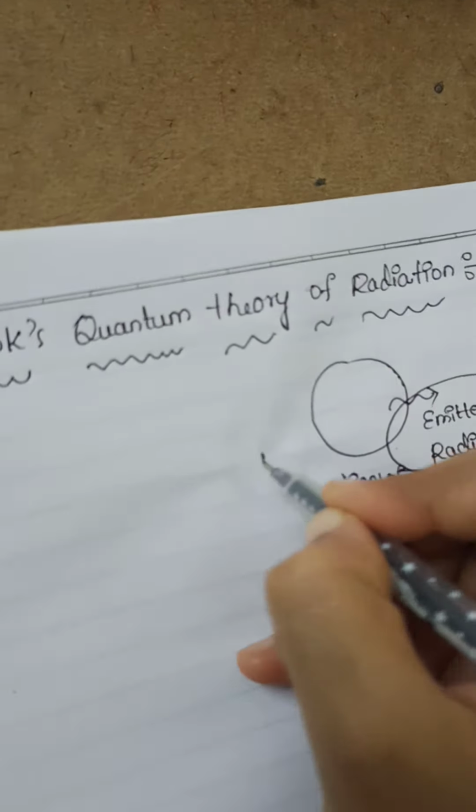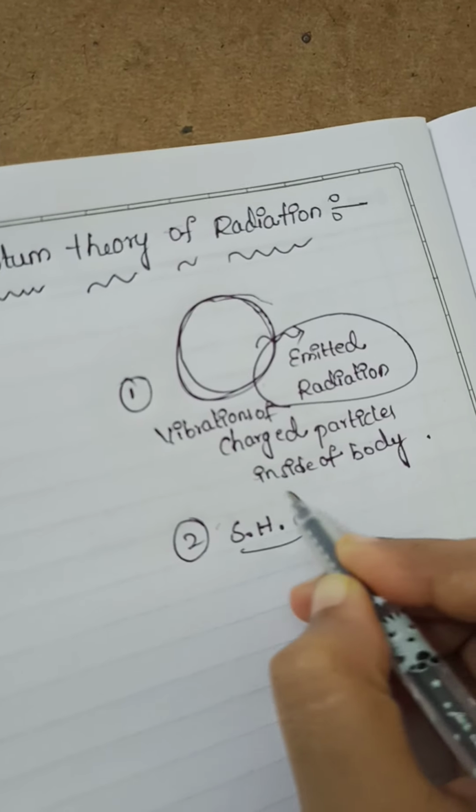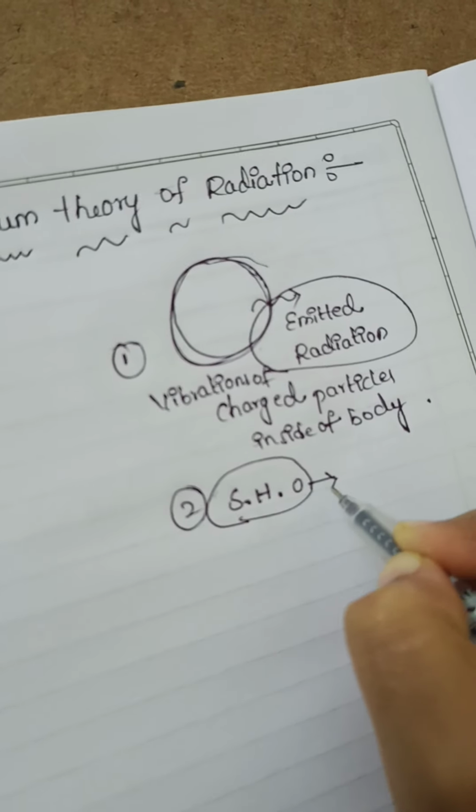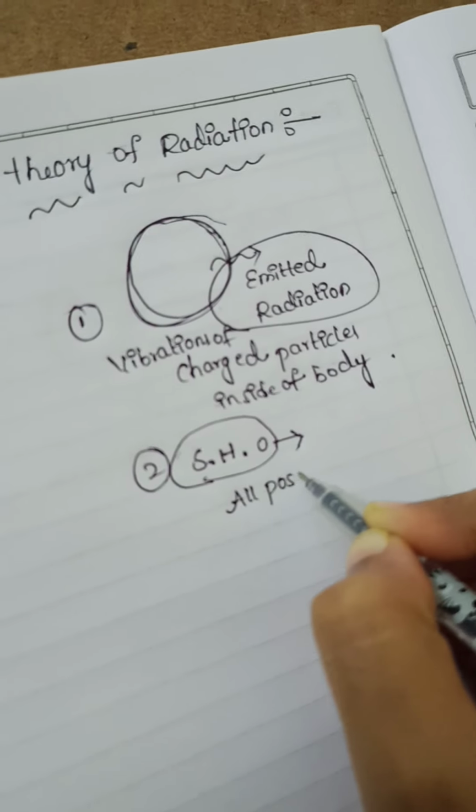Now coming to the second one: a black body radiator contains simple harmonic oscillators. So here the black body radiation contains simple harmonic oscillators, with all possible frequencies.